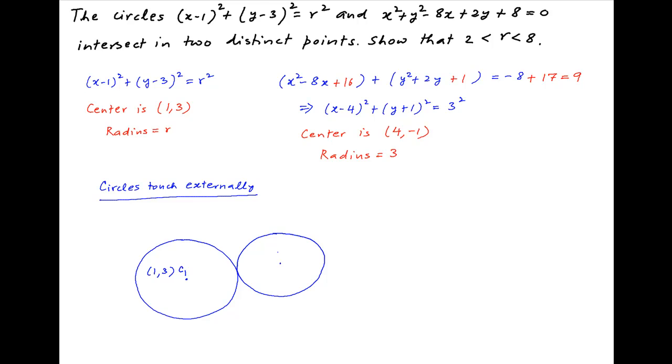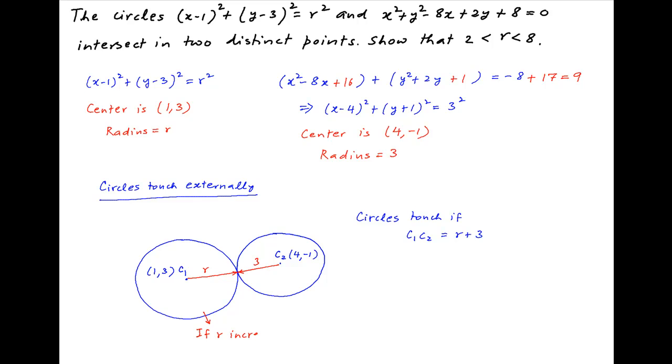Let's denote it by C2. The radius of the first circle is equal to r and the radius of the second circle is equal to 3. Therefore, these two circles touch each other externally if the distance between C1 and C2 is equal to the sum of the radii. Therefore, C1C2 is equal to r + 3.